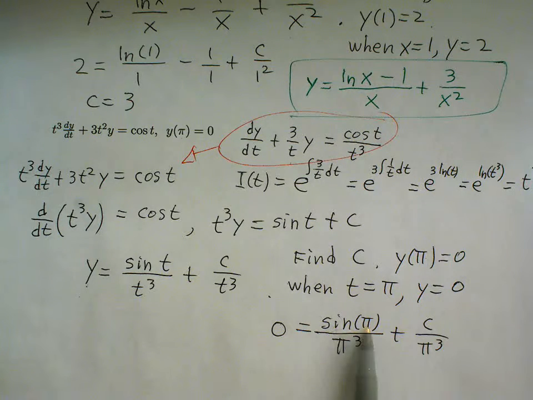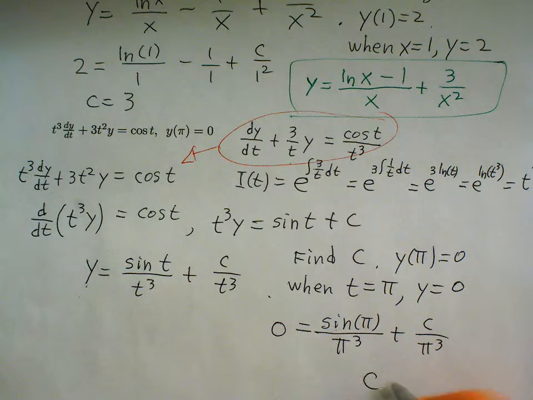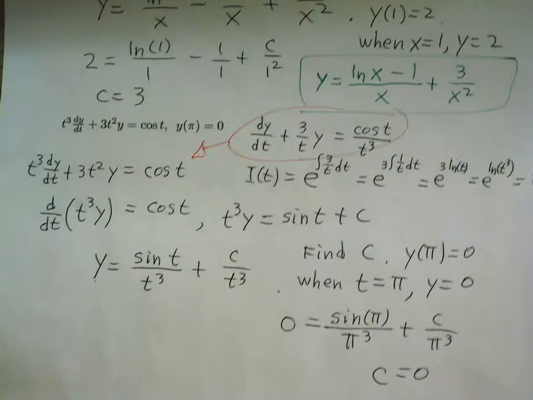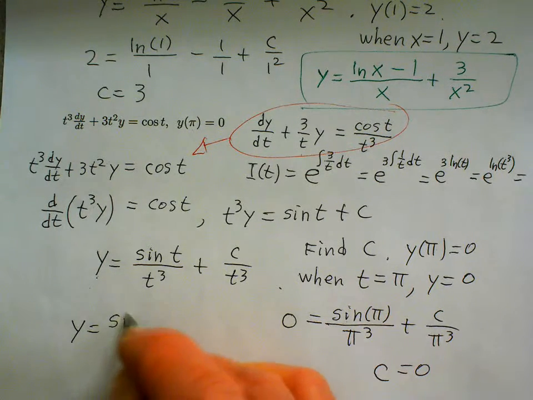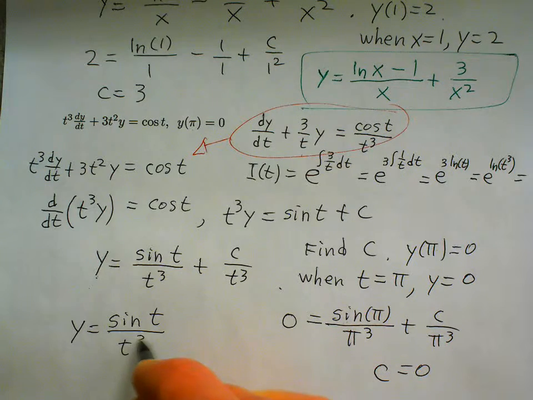Sine of pi is 0, so it has to be the case that c is 0. So our function is just y equals sine of t divided by t to the third.